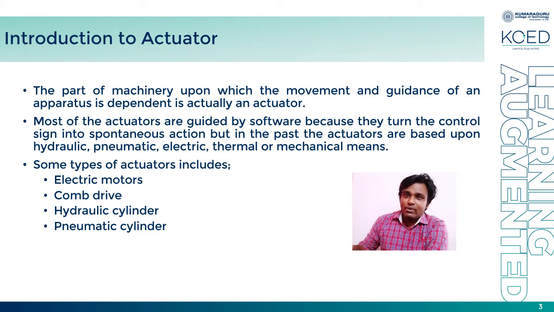So the actuator can be of different types. It converts the signals obtained from the microprocessor to a rotational action, or it may be a linear action. It can be supported by thermal, electric, mechanical and pneumatic kinds of systems.